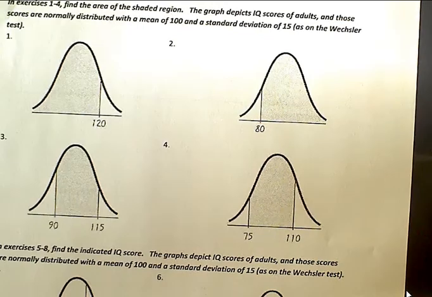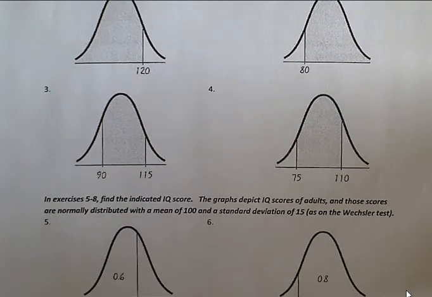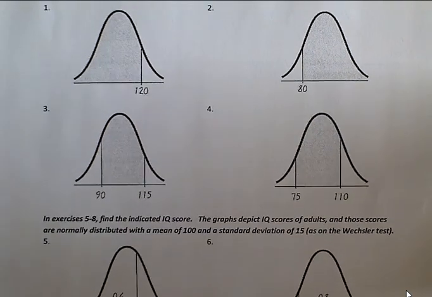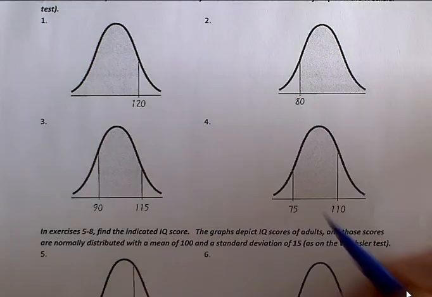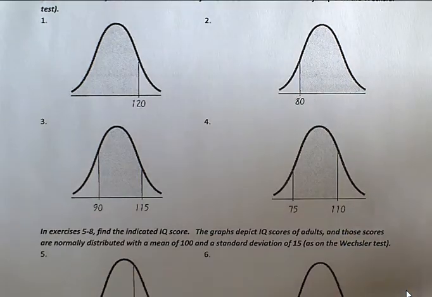you can see they start off with some graphs just like we did before. Number 2, find the probability that x is greater than 80, and what probability do we get out of that? This came from an adult IQ test where the mean is 100 and the standard deviation is 15.